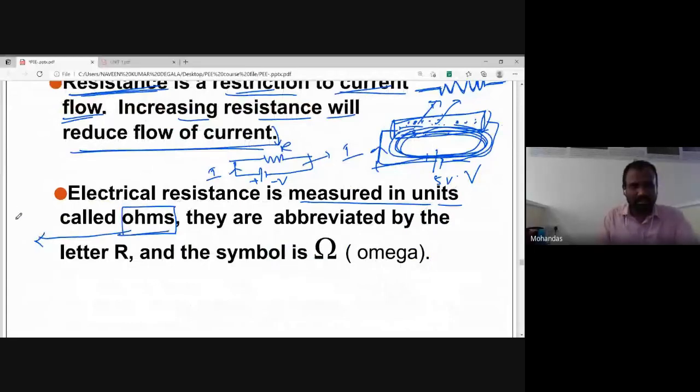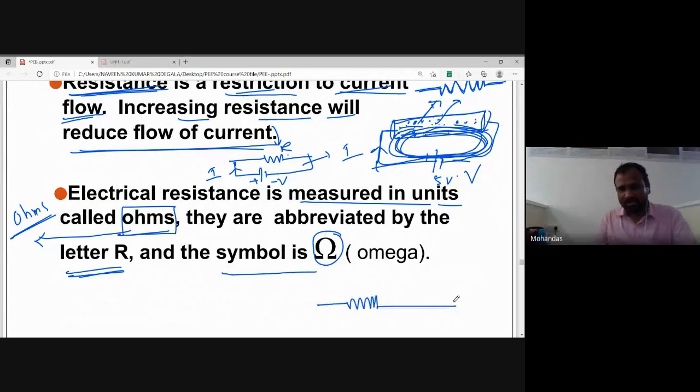The unit for resistance is ohm, and resistance is represented by the letter R. If you take the property of resistance as a resistor, say the resistance is equal to 5, we can write 5 ohms, or 5 with this omega symbol.